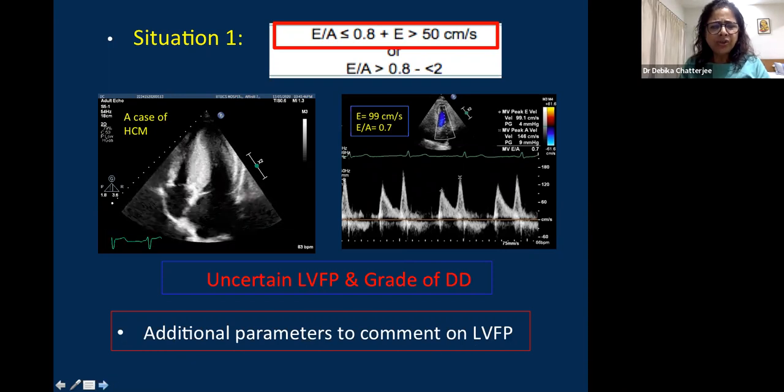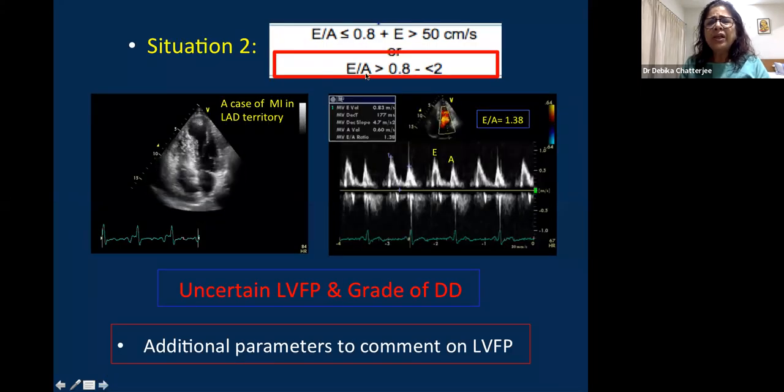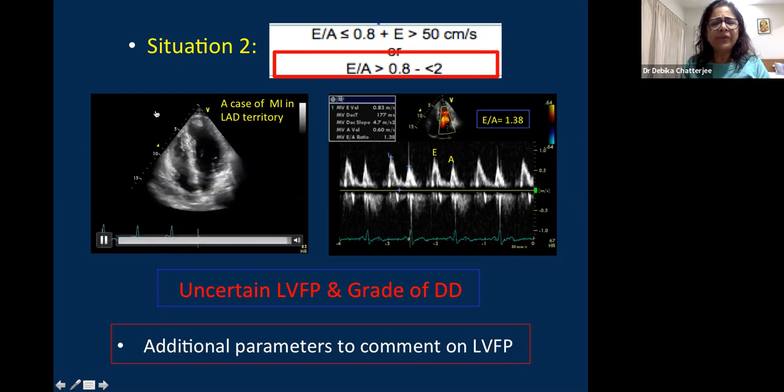Now situation 2. Let us see what is situation 2. E/A ratio is more than 0.8 but less than 2. This is a patient who had an infarction in the LAD territory. We look at the ventricle and there is a thrombus and it's akinetic.